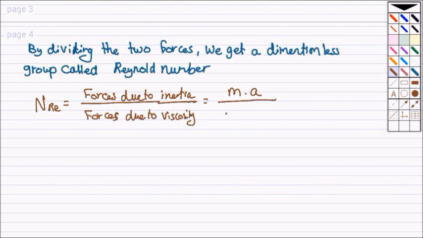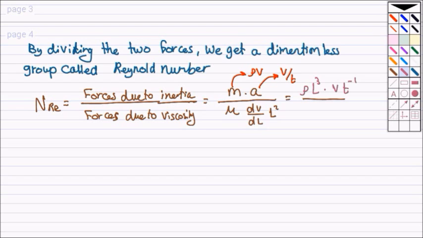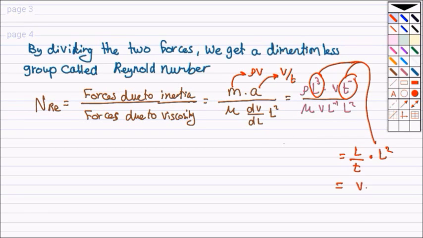So m times a, mass times acceleration, divided by mu dv by dl times L squared. So for m we can use rho times volume, and for a we can use v by t. And viscosity, we can write it like this. Now we can modify the equation. So L cubed and t to the minus 1. So we can write it like this. This is equal to another velocity and L squared.